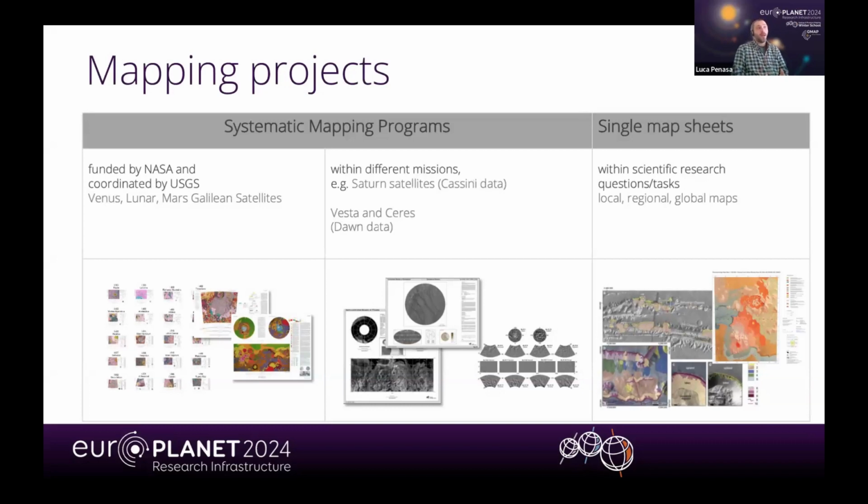And there is probably a third kind of mapping program that is more structured, like the one kept alive by USGS, when USGS makes an effort to produce updated maps of planetary bodies of interest.